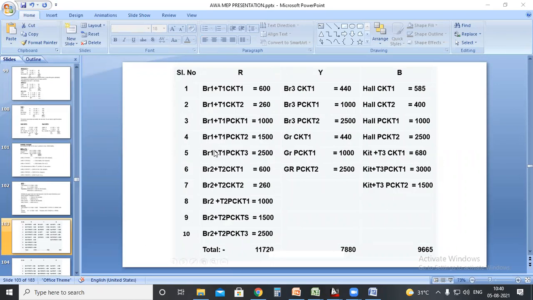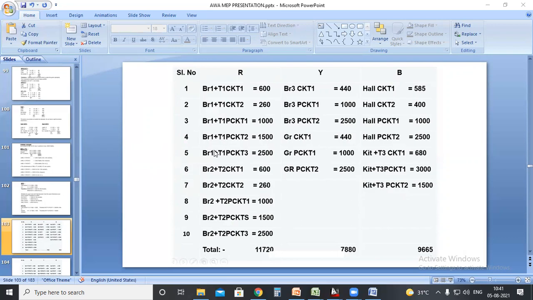B phase is having 9,665. Here, R phase is actually out of the range. It is not coming between the 10,730 and 8,779. Y phase also, it is a very lesser value than the 8,779 value. But B phase is actually balanced. It is coming between the range.